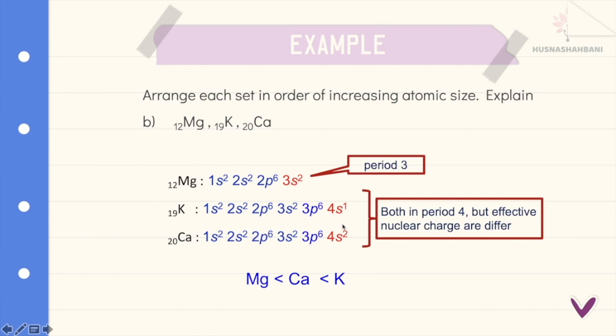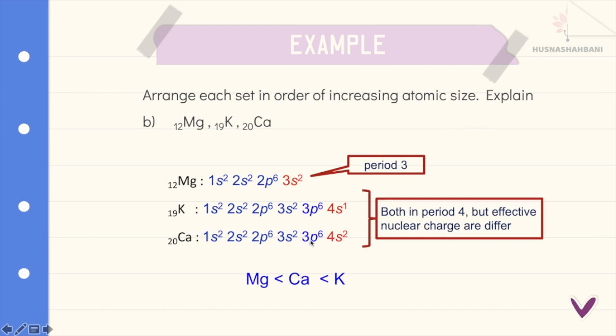Potassium and calcium have the same number of N, but their numbers of electrons are different. Both are in period 4, but the effective nuclear charge differs. Different numbers of electrons means different numbers of protons. Calcium has more protons than potassium.